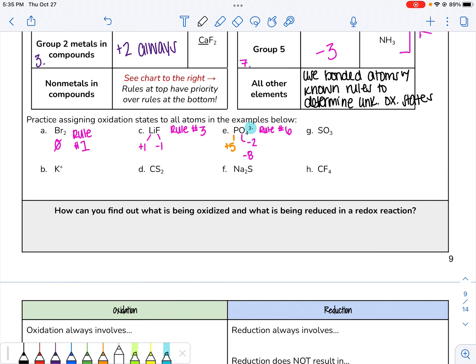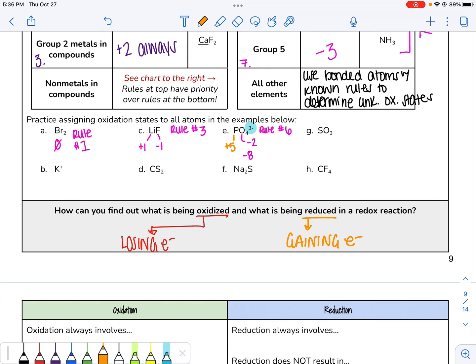Okay, so how can you find out what's being oxidized and what's being reduced in a reaction? Well, first rule, the things that are being oxidized are losing electrons. This is losing negative charge. The things that are being reduced are gaining electron density. They're gaining negative charge.